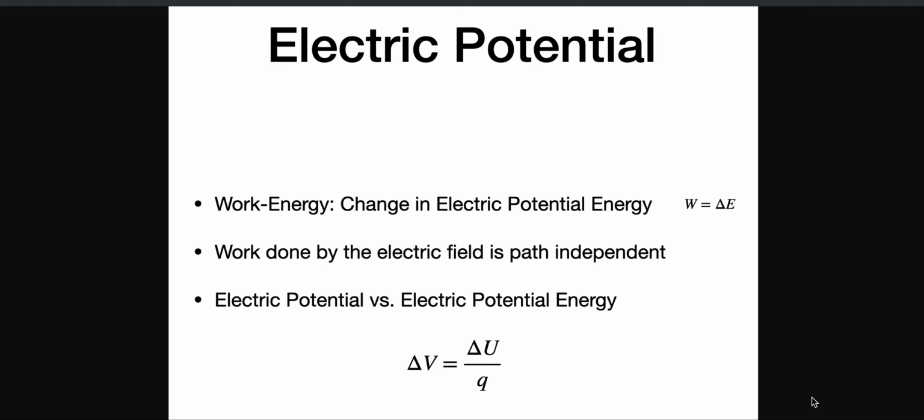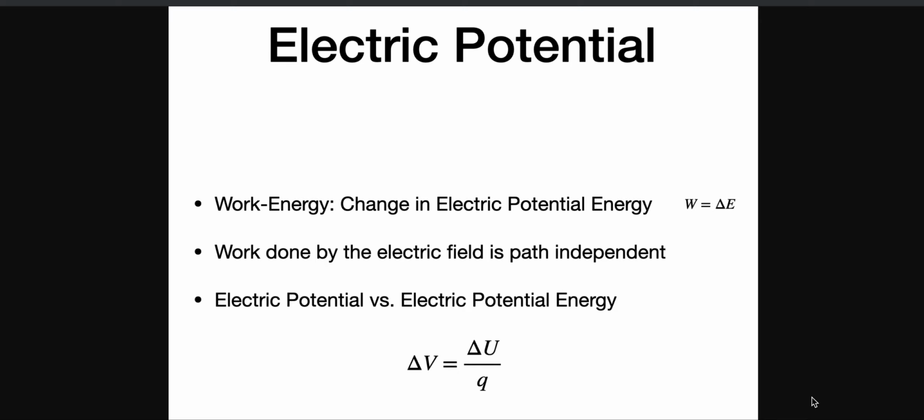What is electric potential? It really has to do with electric potential energy, which has to do with the work done by an electric field. So when you have the work energy theorem, the work energy principle, if I calculate the work done by something and the work does not depend on the path, then I can move that work term to the other side of the work energy equation and make it an energy, but then it becomes negative.